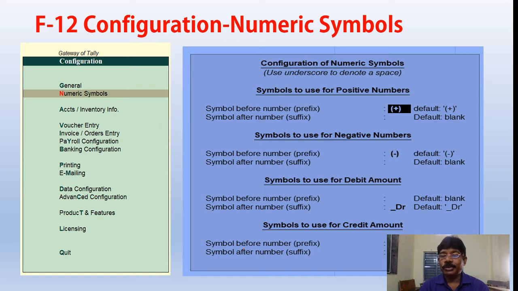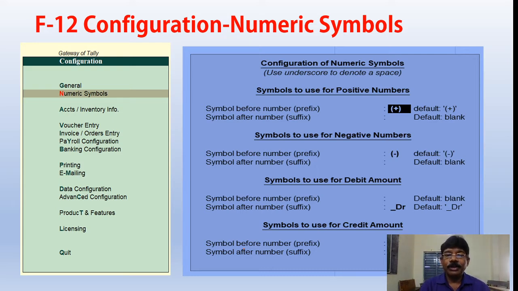Symbol to use for negative numbers: usually we write negative numbers in brackets, or if you want, with a minus symbol, we can. Symbol to use for a debit amount, with DR or CR, or without DR, CR, we can configure that. Symbol to use for credit amount with CR, like that. These are regarding symbols configuration.